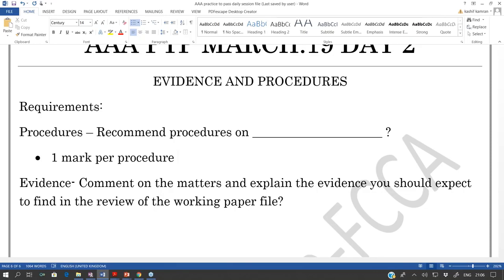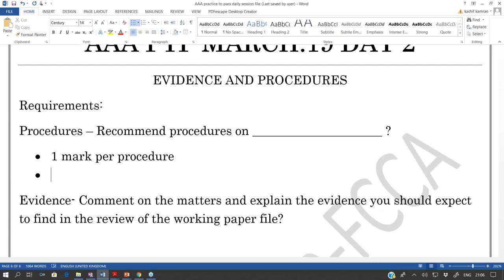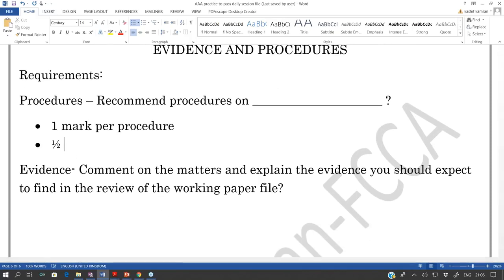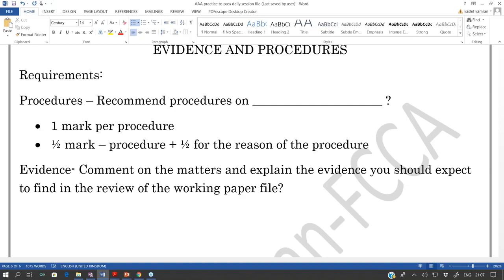Now, when you look at 1 mark per procedure, you have half a mark for the procedure and you have another half a mark for the reason of the procedure. No procedure can end without a reason.